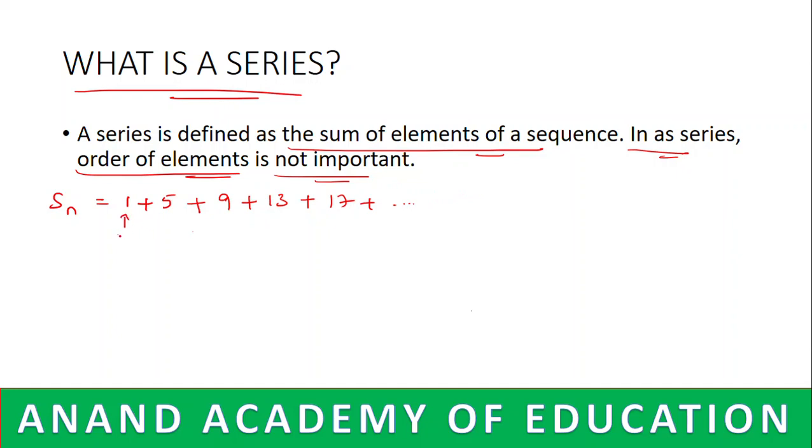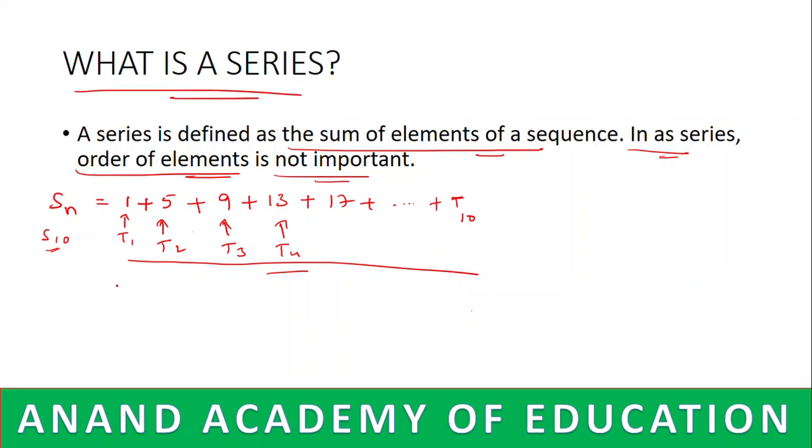So this is T1, this is T2, this is T3, this is T4. Let us make this series finite. T10. Suppose we have 10 terms, then the sum of 10 terms, S10, is 1 plus 5 plus 9 plus 13 and so on plus T10.